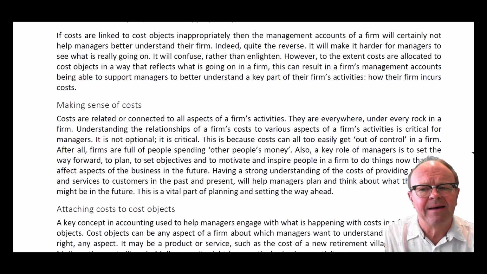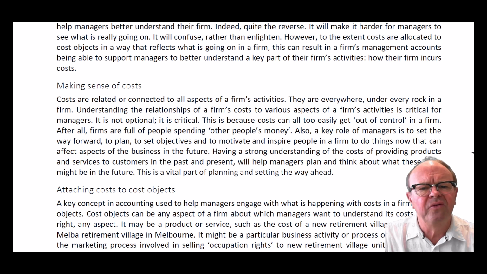It will make it harder for managers to see what is really going on. It will confuse rather than enlighten. However, to the extent costs are allocated to cost objects in a way that reflects what is going on in a firm, this can result in a firm's management accounts being able to support managers to better understand a key part of their firm's activities, how their firm incurs costs.